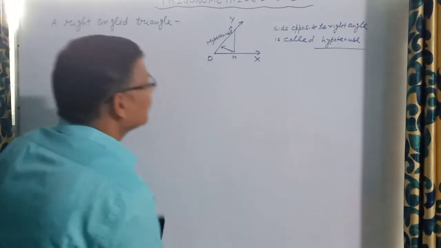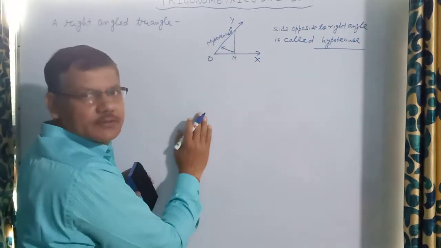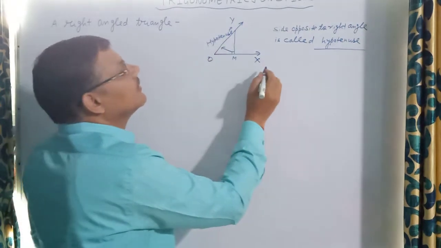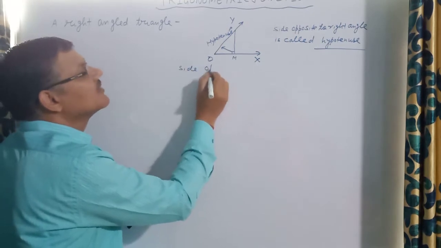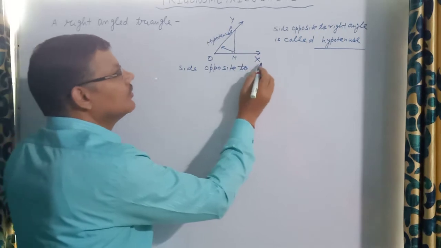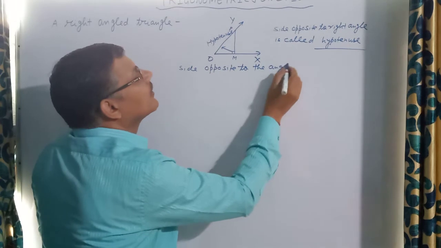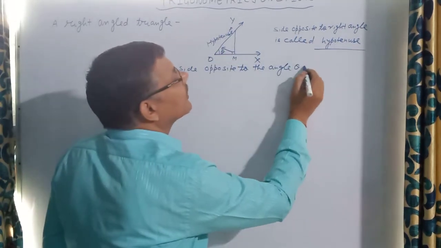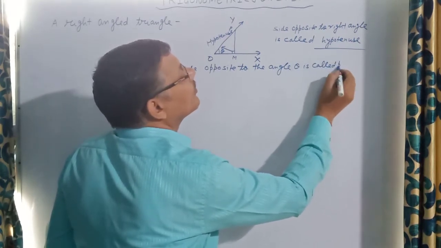Now, what about the perpendicular? If one angle is 90 degrees, we are left with two angles. So that depends on the remaining two angles. It means I write that the side opposite to the angle, let this angle be theta, is called perpendicular.